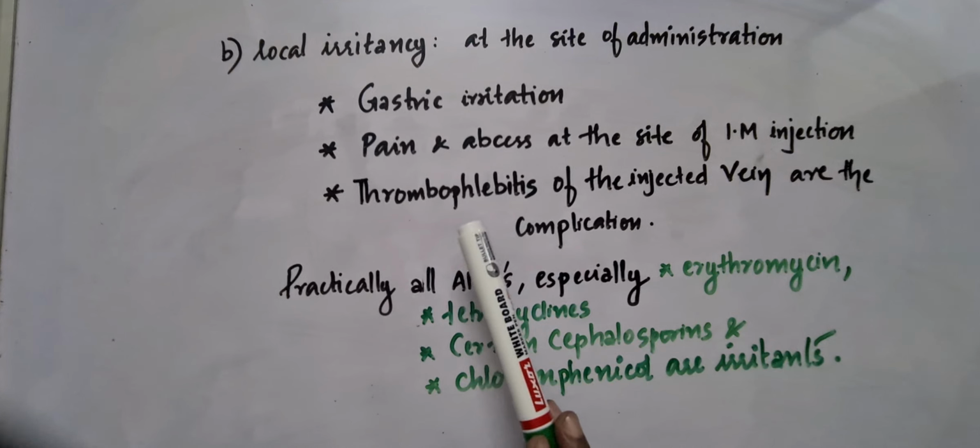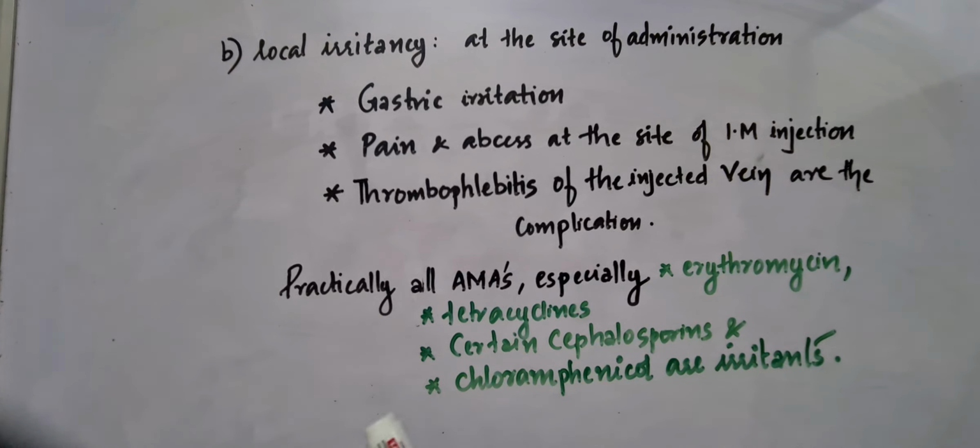Thrombophlebitis is the swelling or inflammation of a vein; a blood clot, that is a thrombus, in the vein causes this swelling. Practically all antimicrobial agents, especially erythromycin, tetracyclines, certain cephalosporins and chloramphenicol, are irritants.